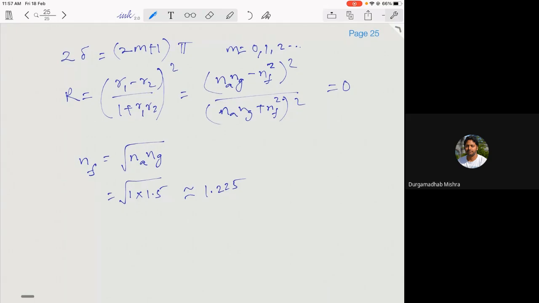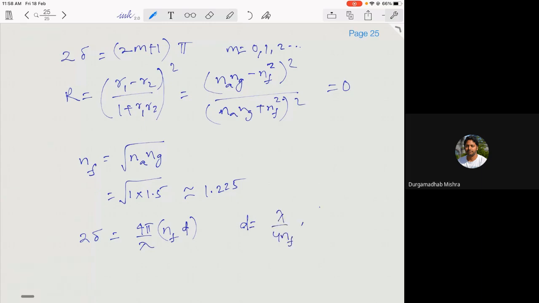And the condition for D we will get from the relation 2 delta, which is basically 4 pi by lambda into NFD, and D would then be equal to lambda by 4 NF.